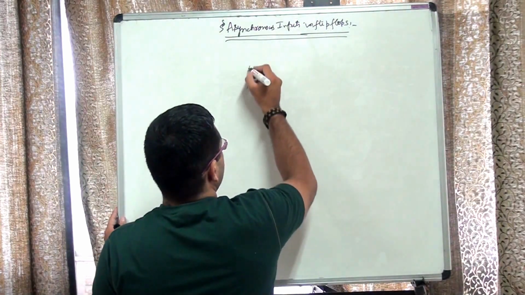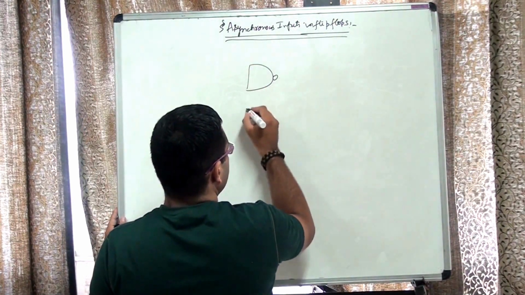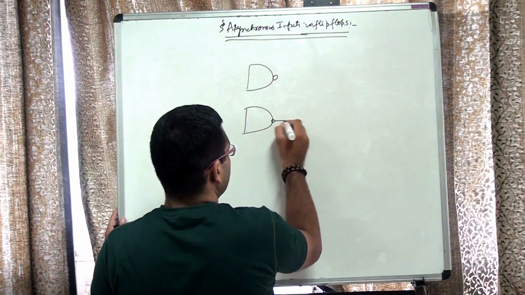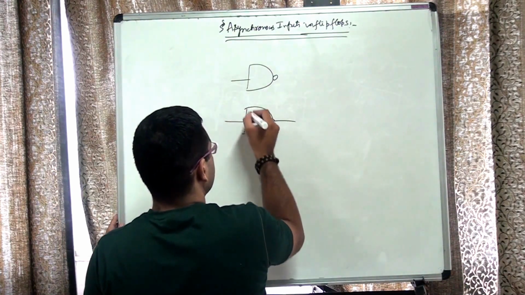So first of all, let me draw the diagram of the JK flip-flop again.